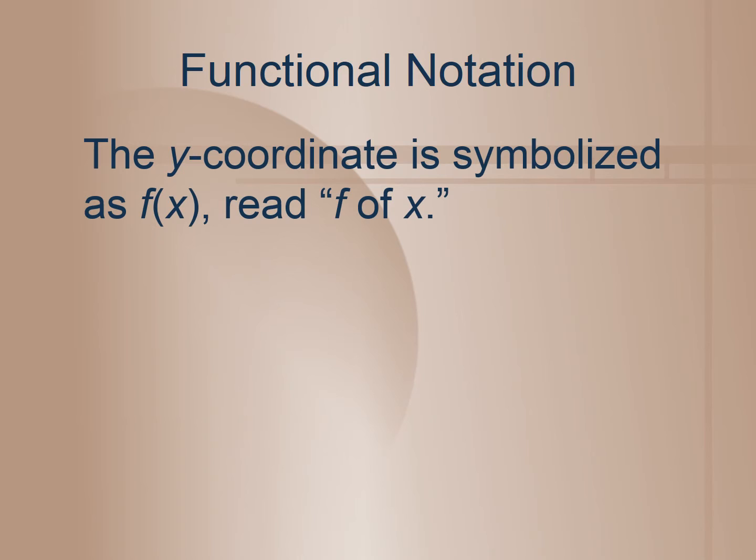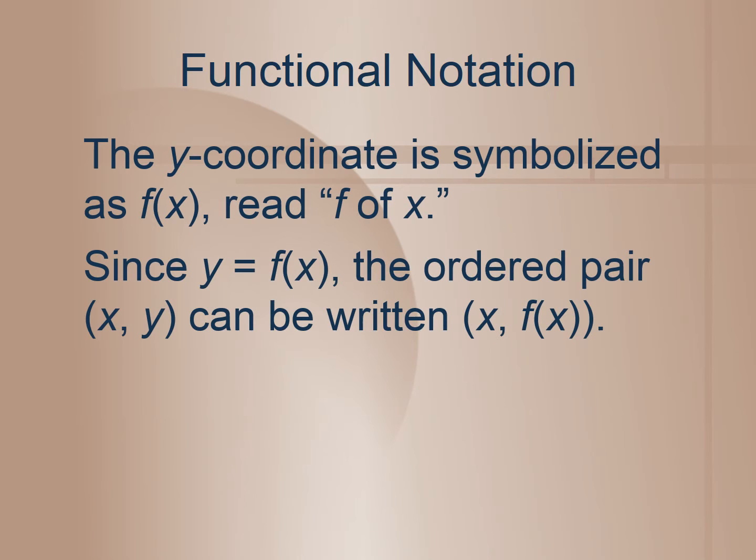The reason we write it like this is because the y coordinate depends on x. So we can say f, our function, of x. Our function depends on x. So f of x is the same as y. Since y is the same as f of x, an ordered pair, which we can write as (x, y), can be rewritten as (x, f(x)). You can write it both ways.